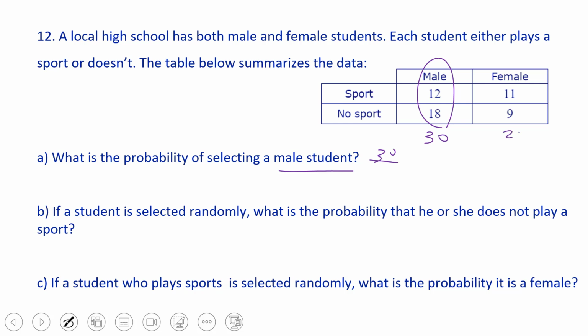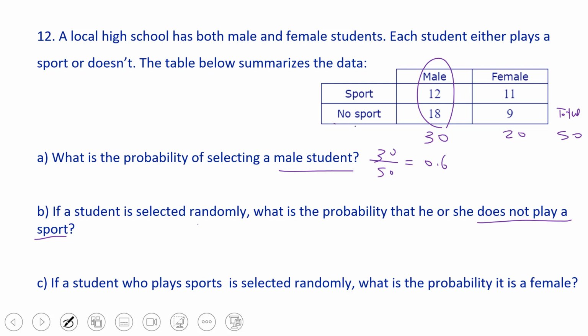So I have 30 here and 20, so the total will be 50, right? So you have 30 over 50, which is 0.6, right?